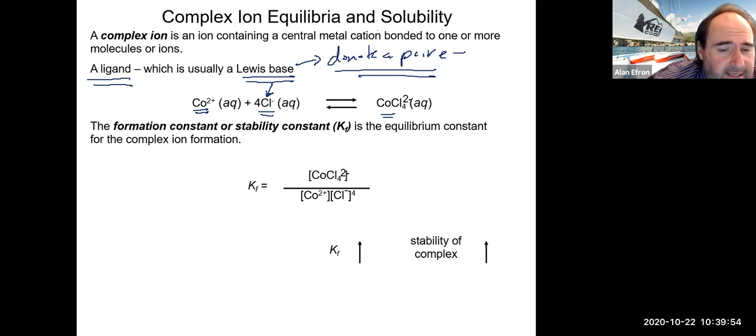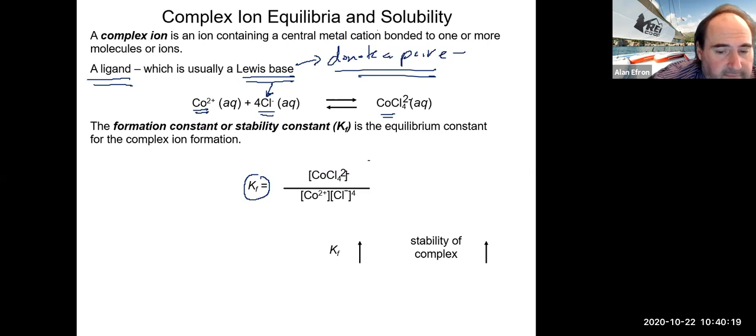And it can set up an equilibrium. And surprisingly enough, we will add this to our ever-growing list of K values. This is what is known as Kf, or the formation constant. And that is the equilibrium constant for a complex ion. It is just like every other equilibrium constant that we could add to our ever-growing list of K values. Kf is our products over our reactants.